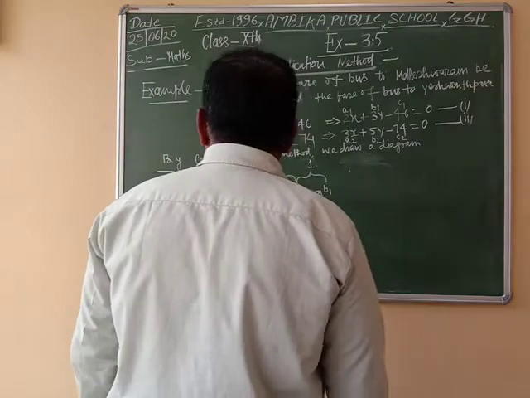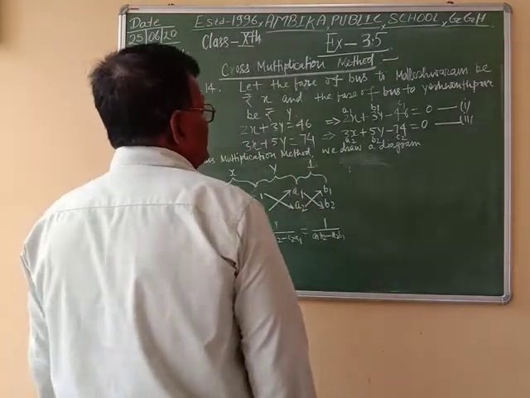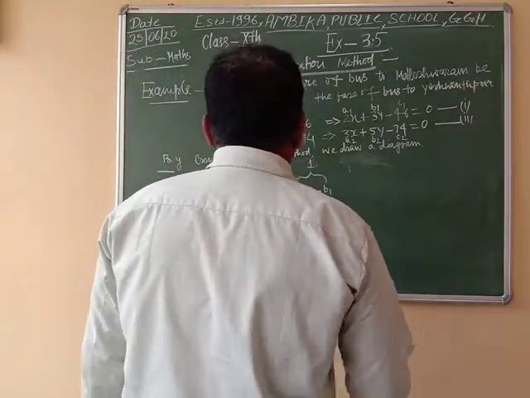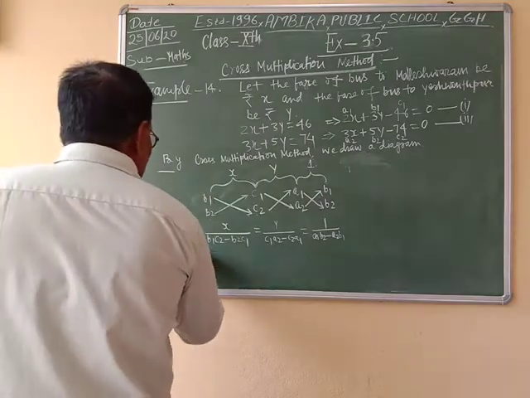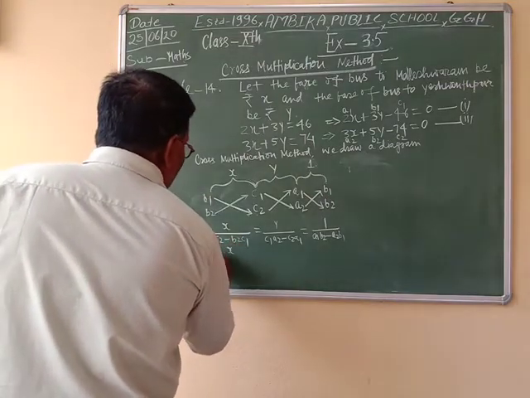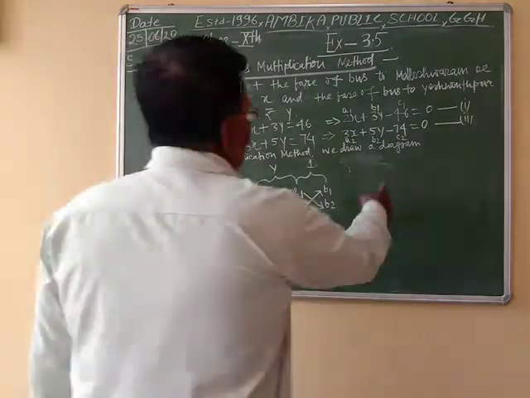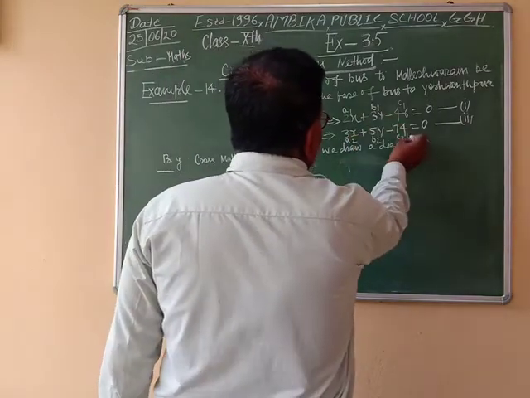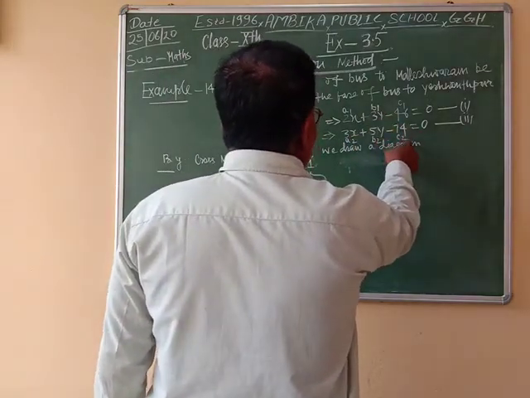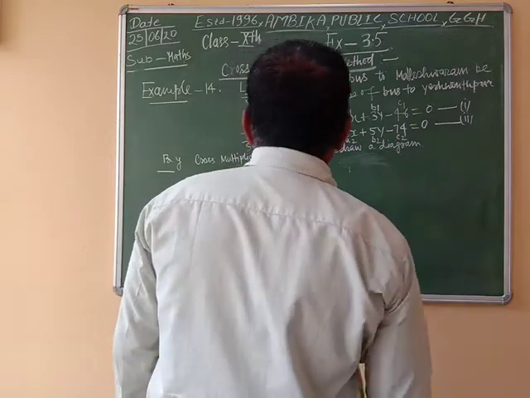Now we put the values of A1 B1 C1 and A2 B2 C2 in this diagram. We have x by B1 C2. Here B1 is 3 and C2 is equal to minus 74.